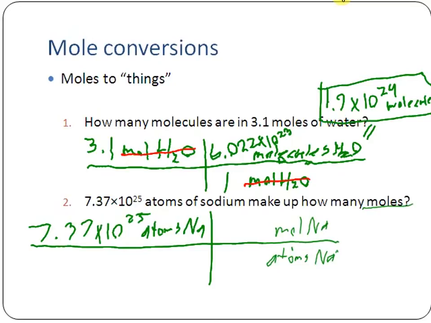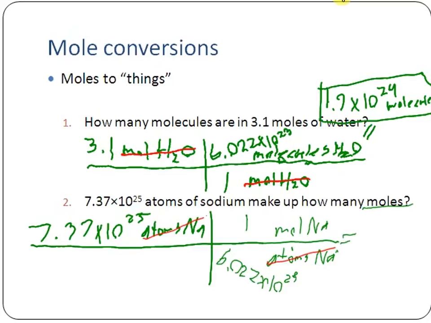An atom is a thing. And so in 1 mole, there are going to be 6.022 times 10 to the 23rd atoms. Look at our units. Atoms of sodium is going to cancel off. The only thing that we have left is just moles of sodium, which is what we want.